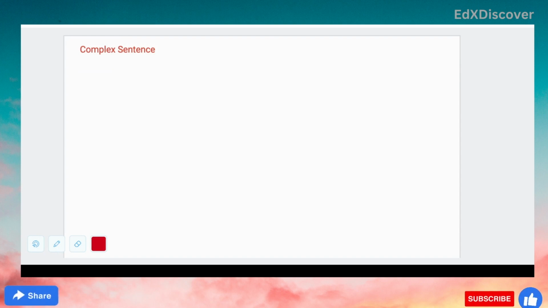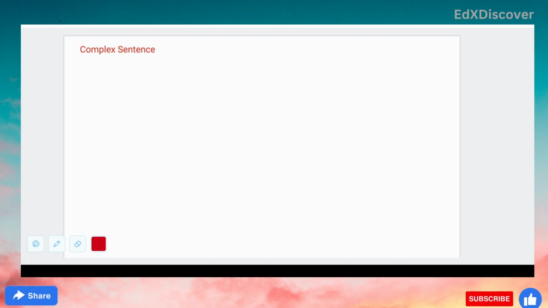A complex sentence consists of one independent clause and one or more dependent clauses that are joined together by a subordinating conjunction. We learned what coordinating conjunctions are, but here we are using subordinating conjunctions.